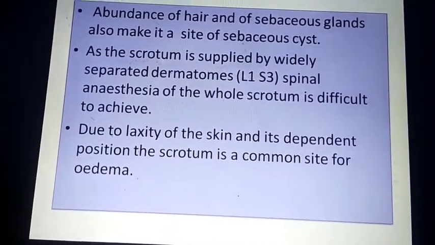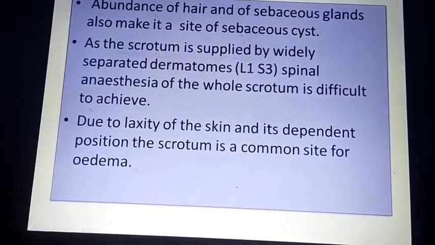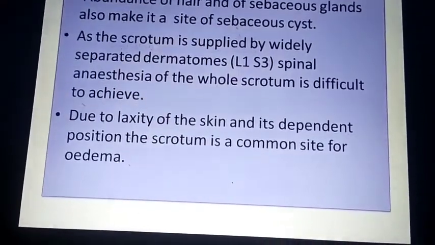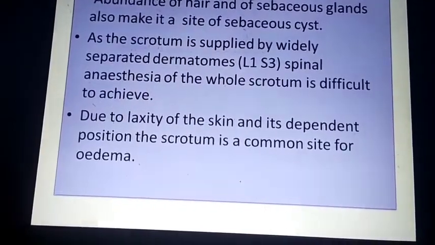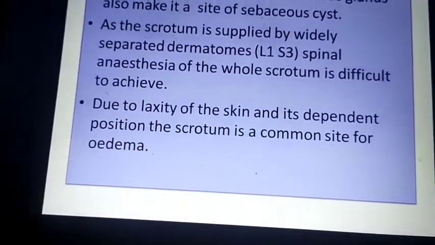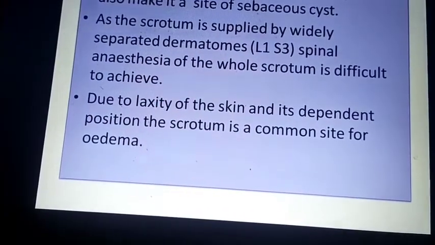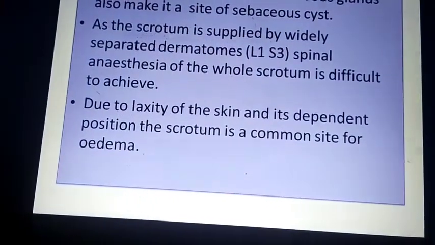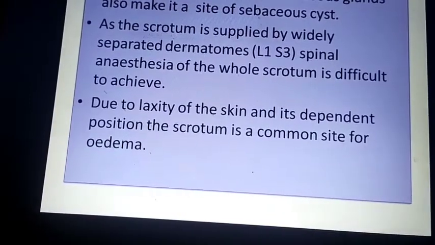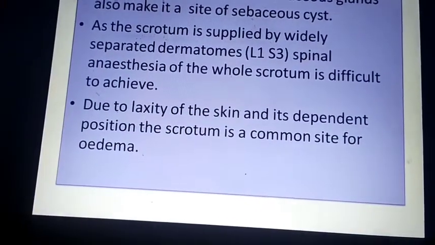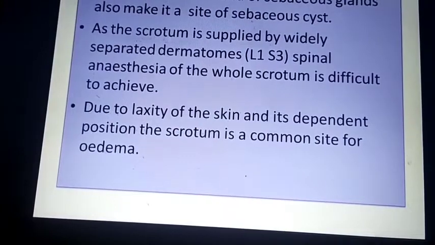Due to laxity of the skin and its dependent position, the scrotum is a common site for edema. Here, the attachment between the skin and the dartos muscle or external spermatic fascia is loose.